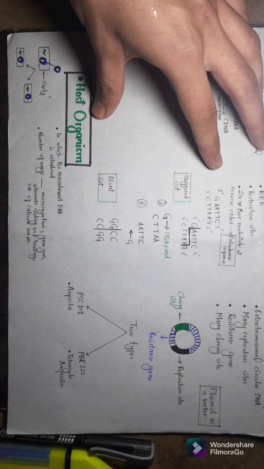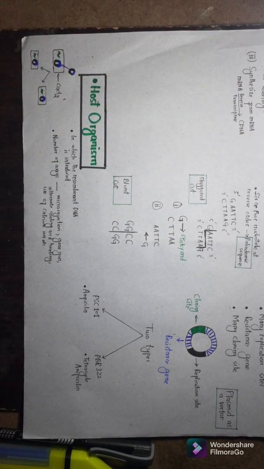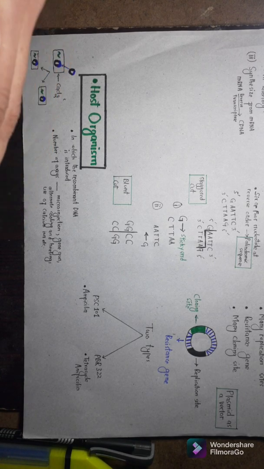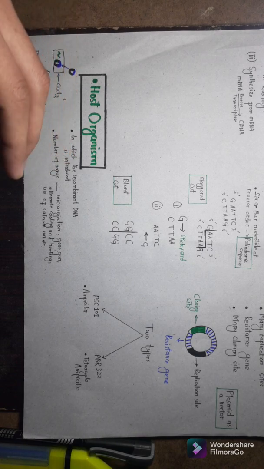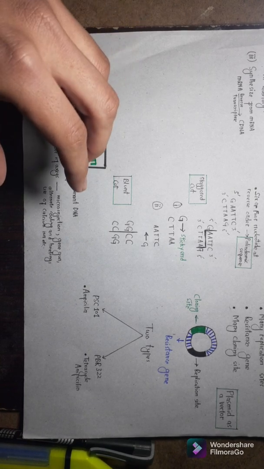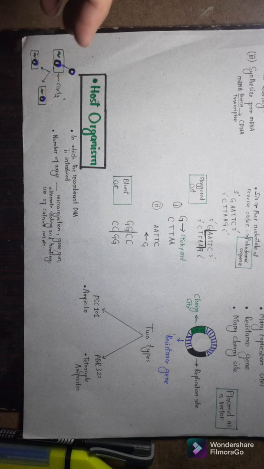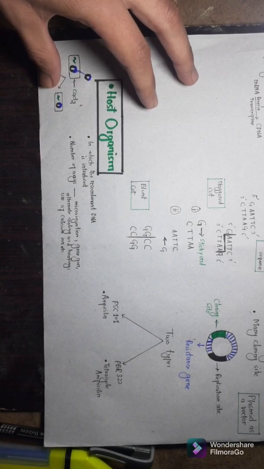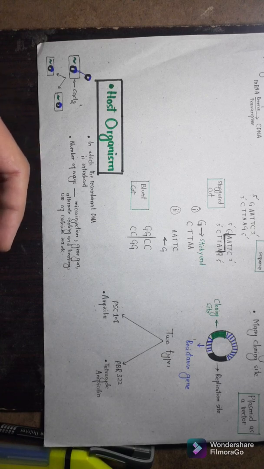Now, after we cut the DNA at a specific site and insert it into a plasmid, recombinant DNA is formed. Then we can insert it into the host organism. So how can we introduce it into the host organism?